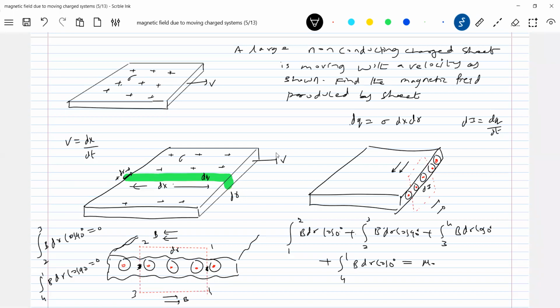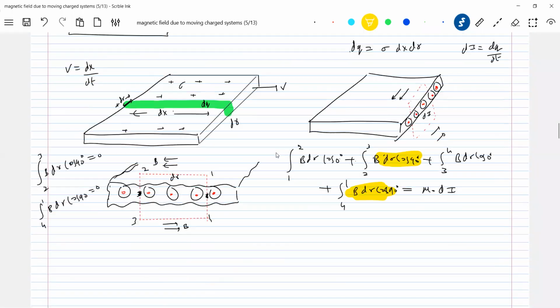So mu naught into di, I'll write it. These two shaded quantities, these two will be 0, cos 90, no. These two will be tending to 0.